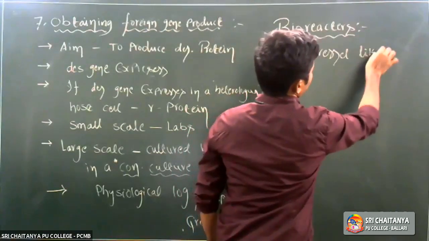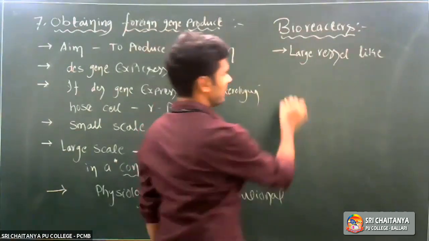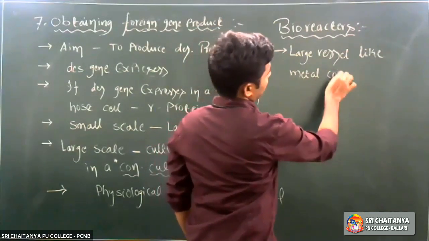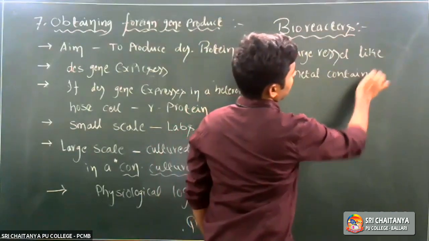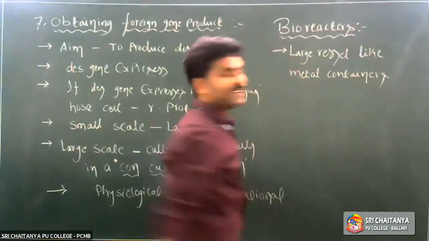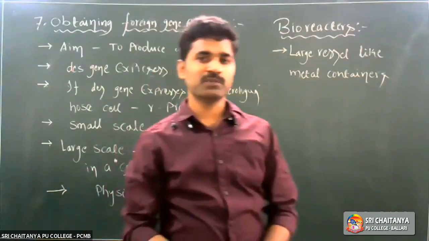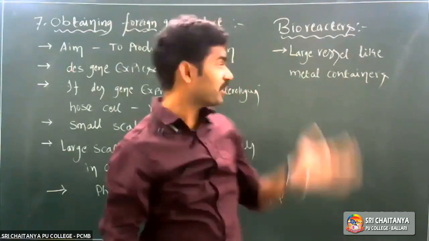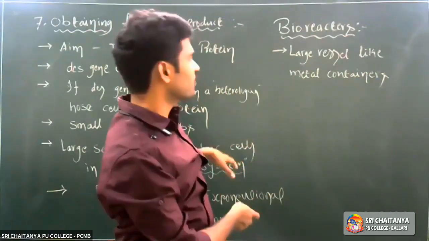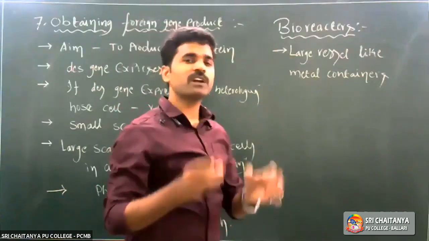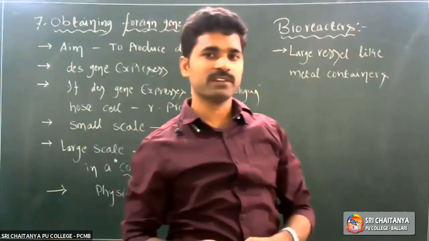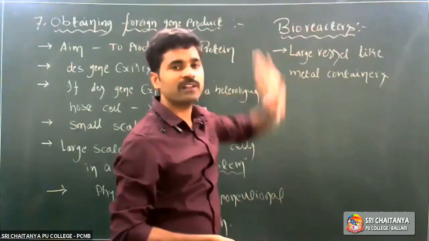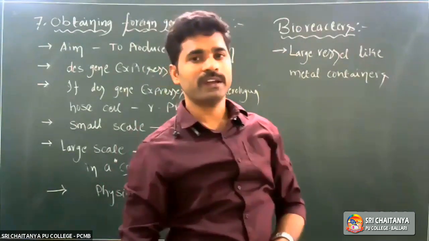See, in industries, in alcoholic industries, we are using large vessel-like metal containers, and we call them bioreactors actually. So here also it is the same thing. For the production of large quantity of desirable products, we are using large vessel-like metal containers. We call them bioreactors.